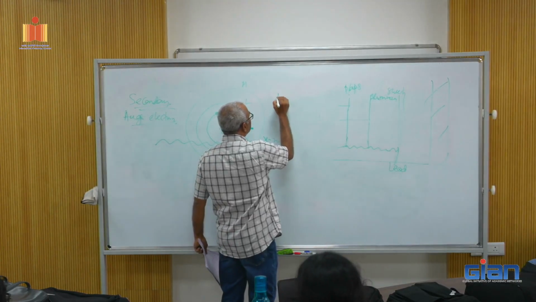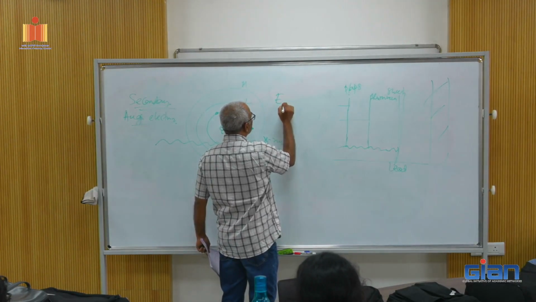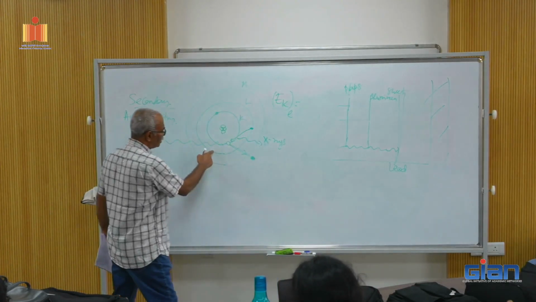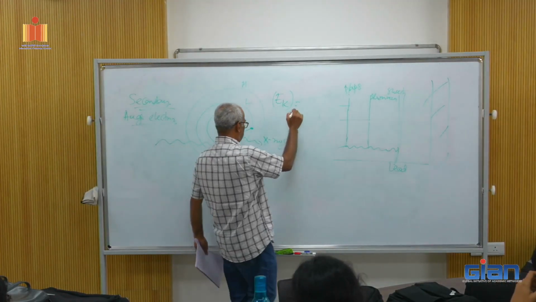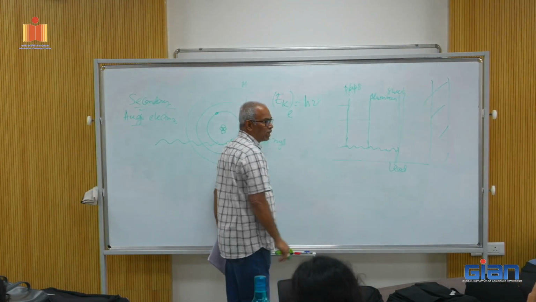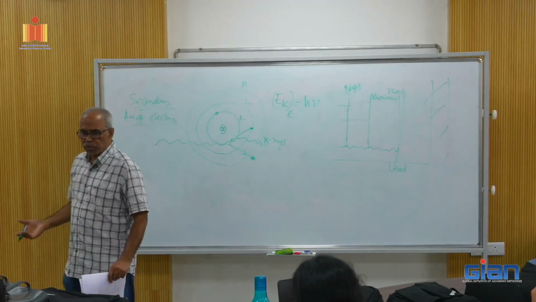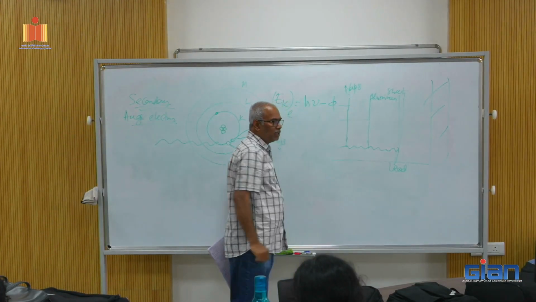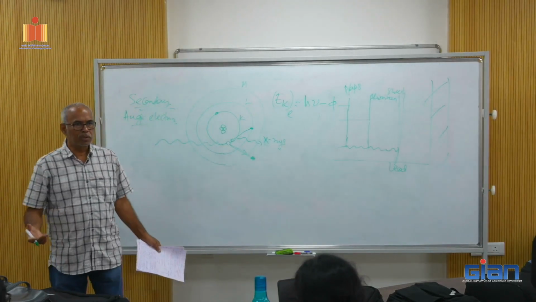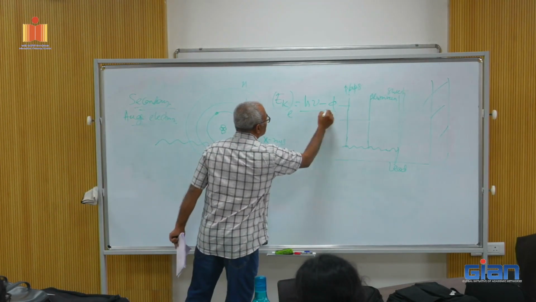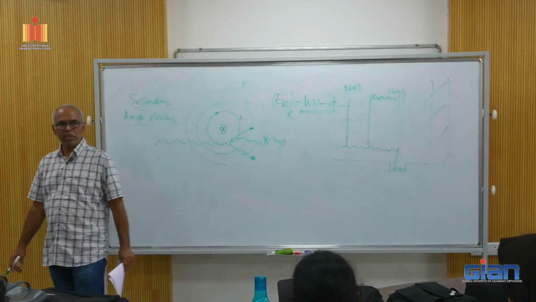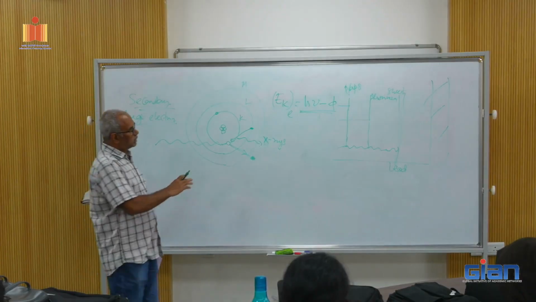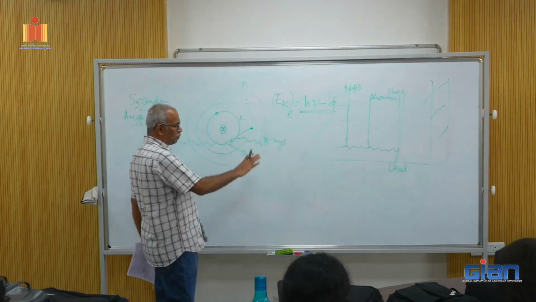The kinetic energy of the electron which comes out of this process: suppose h nu is the energy of the initial photon, and this is the work function, phi or W, whatever notation you want to give. This will be the energy difference carried by the electron. This is very well known, and all other properties I will not discuss here.